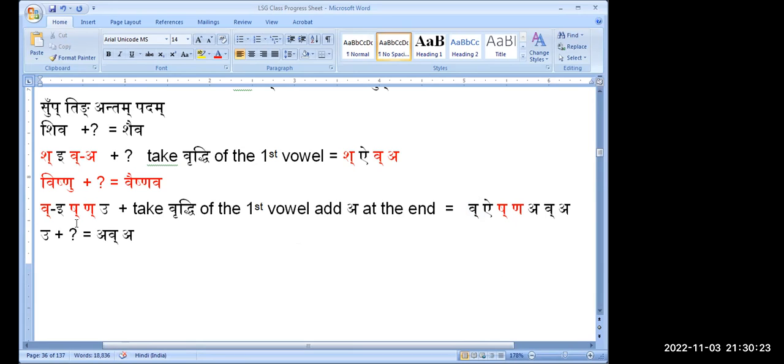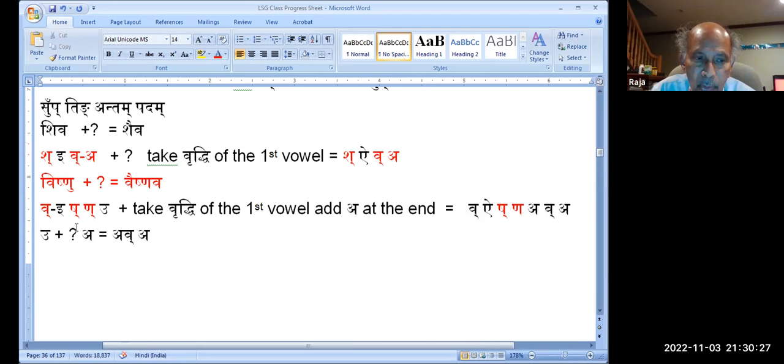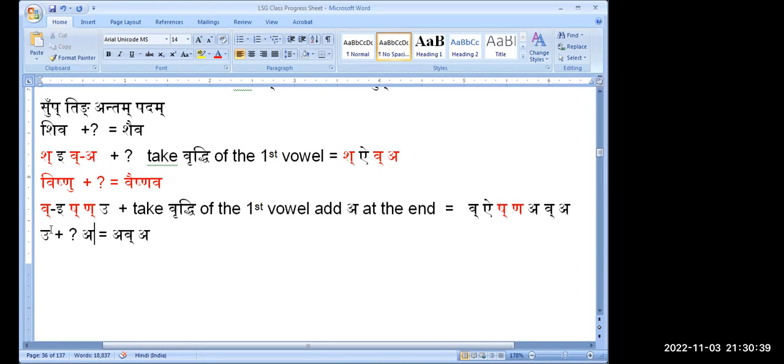If you leave U like that, it becomes the Yanadesh Sandhi. Somehow we have to make this U as O.